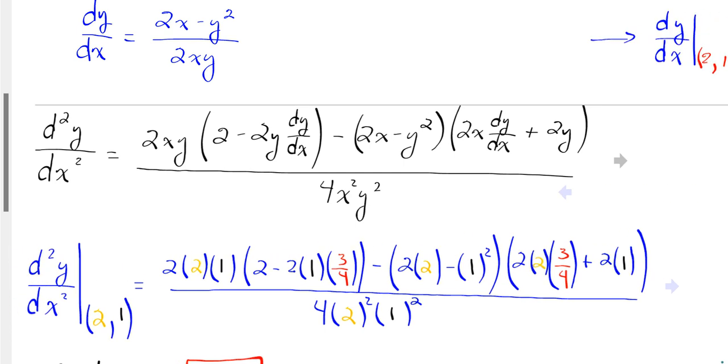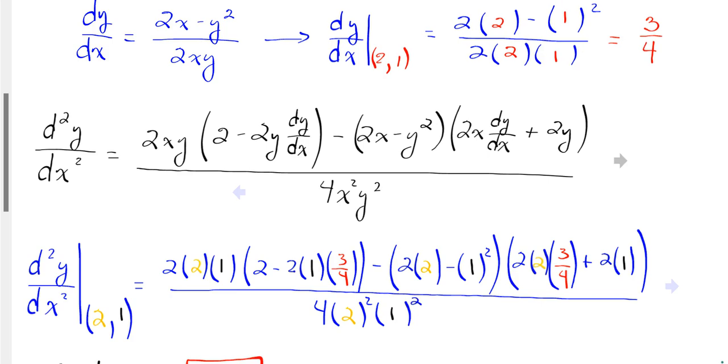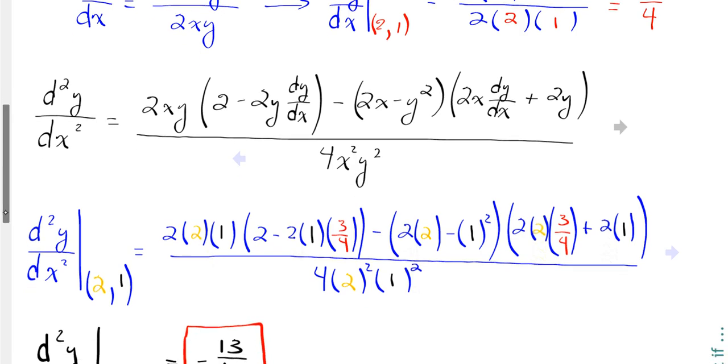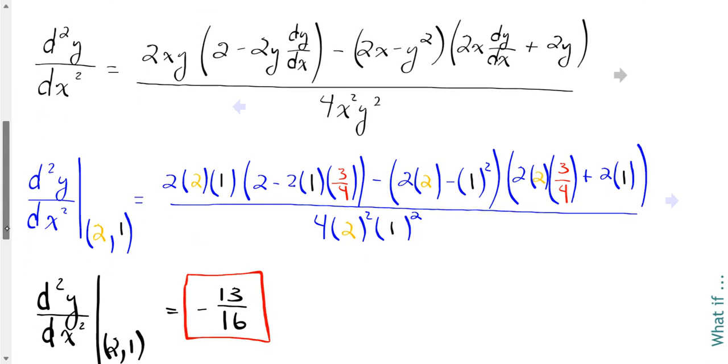First I found my first derivative at the point 2, 1 is 3/4. It's a little faint, but where you can see a bracket and hardly see a number, that's a 2 in there. That's the x coordinate. And we get -13/16.